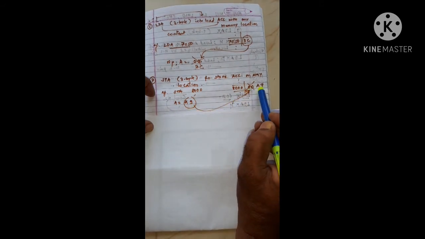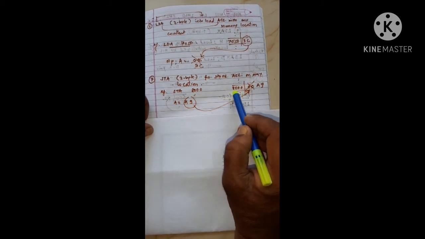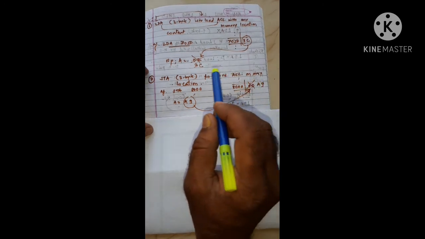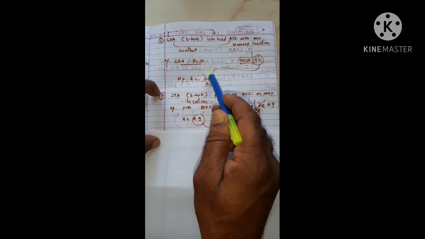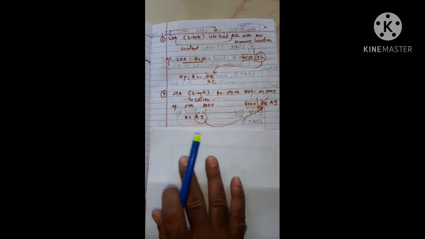As an output, it shows A9 on location 8000 instead of 00. So these are two instructions, LDA to load the accumulator from a location, and STA to transfer the accumulator to a location.